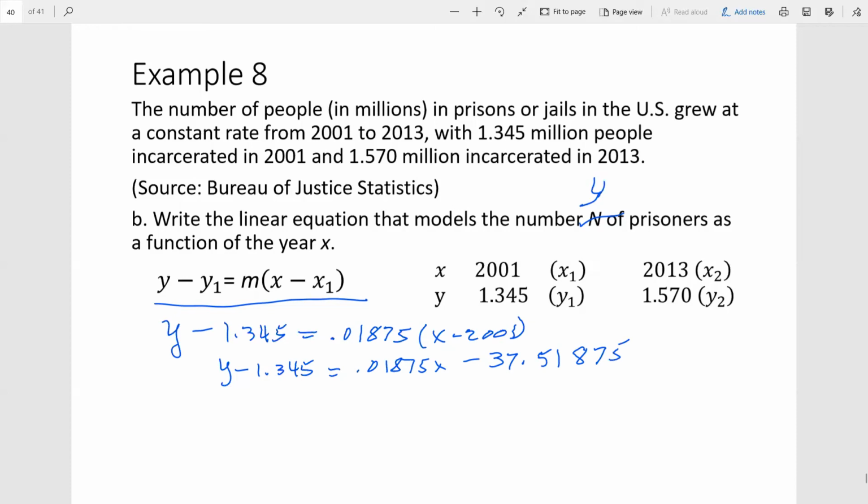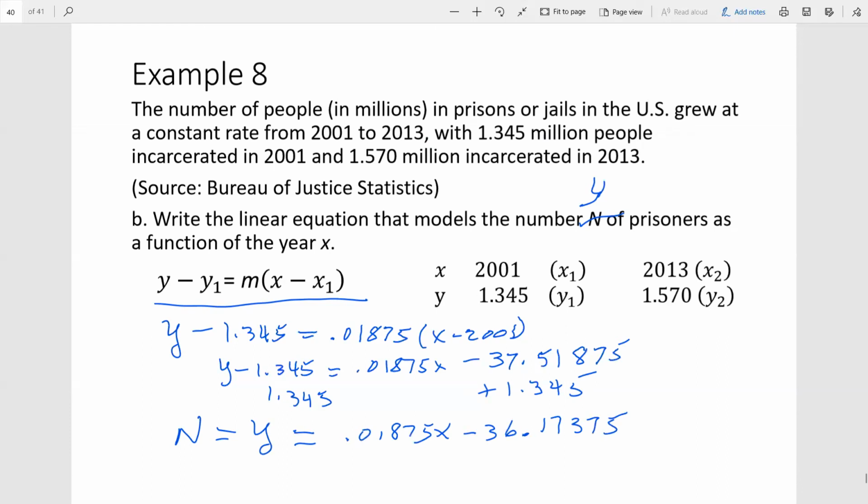And then we're going to add 1.345 to each side to solve for y, and we get y, which is going to be n, the number of incarcerated prisoners, equal to 0.01875x minus 36.17375. And this is the equation we would use.